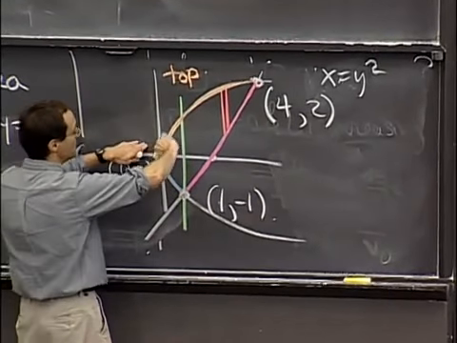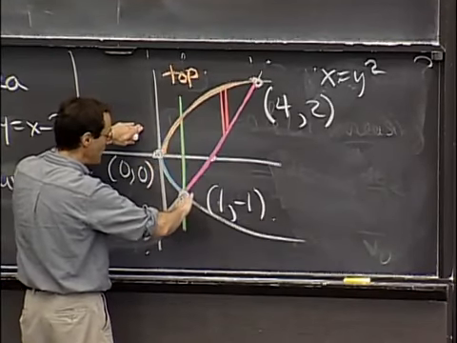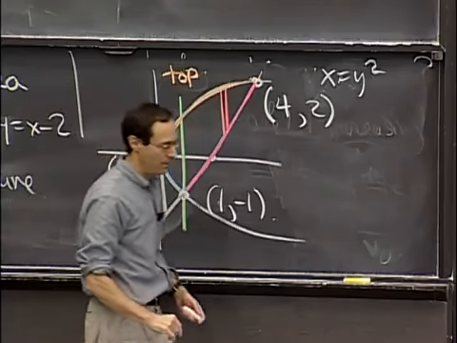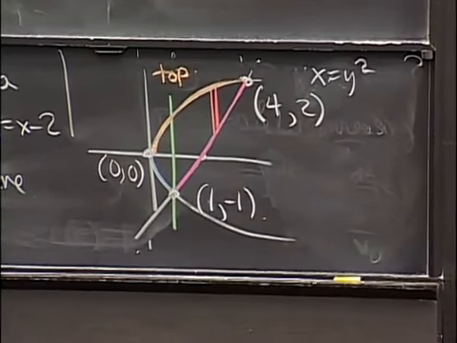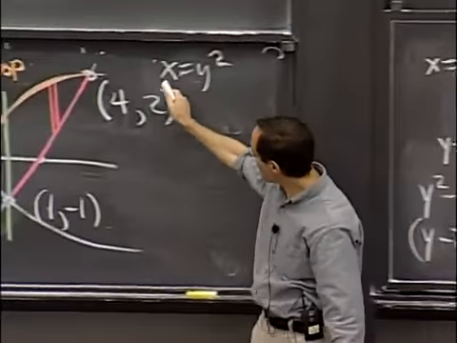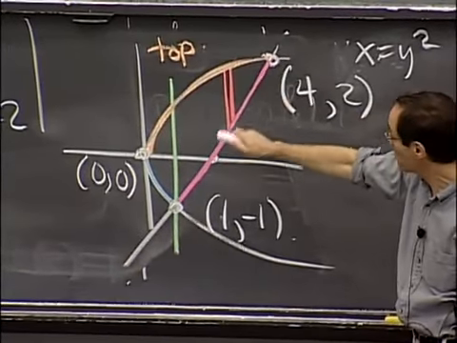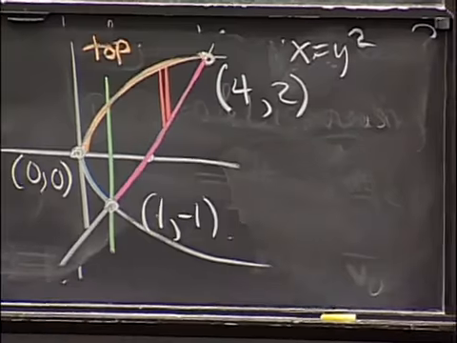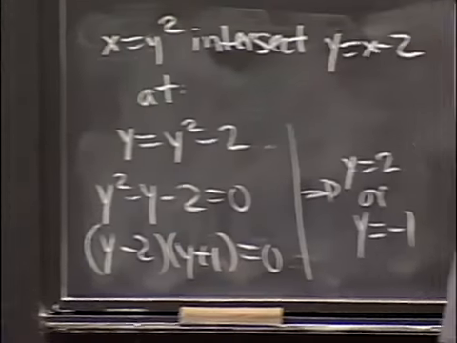I need the top, the bottom left, and the bottom right. The top is the formula for this branch of x equals y squared, which is in the positive y region, and that is y is equal to square root of x.